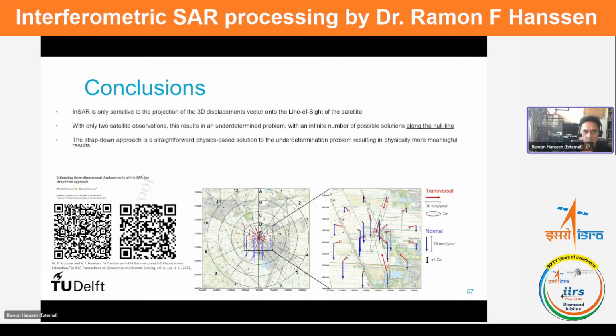So the strap-down approach is a straightforward physics-based solution to the underdetermination problem, resulting in a physically more meaningful result.